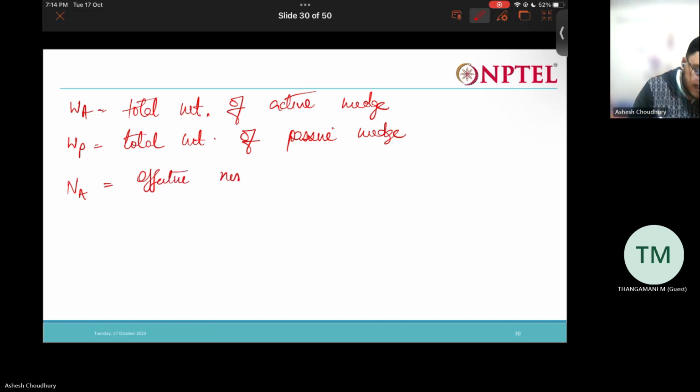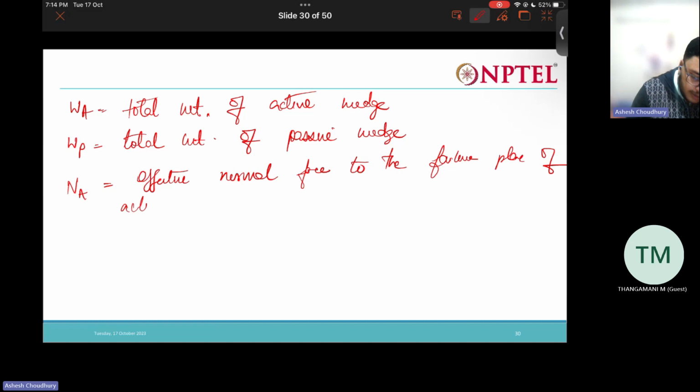Na is the active normal force to the failure plane of the active wedge, and this is the same for the passive wedge.